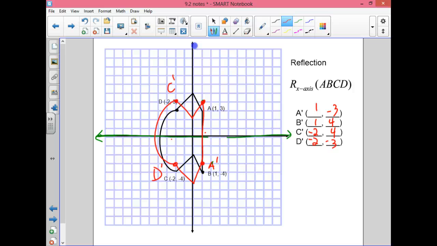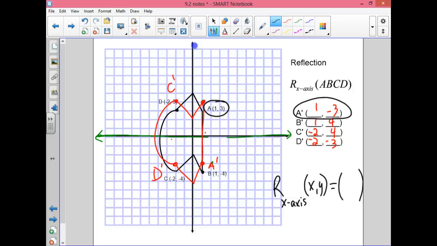Now there is a rule for the reflection across the x-axis, and I want you to write this down. So if you reflect any time across the x-axis, any point goes, now let's look at our points, let's try to find a pattern. Notice A and A prime, the only thing that's different is the y is negative.